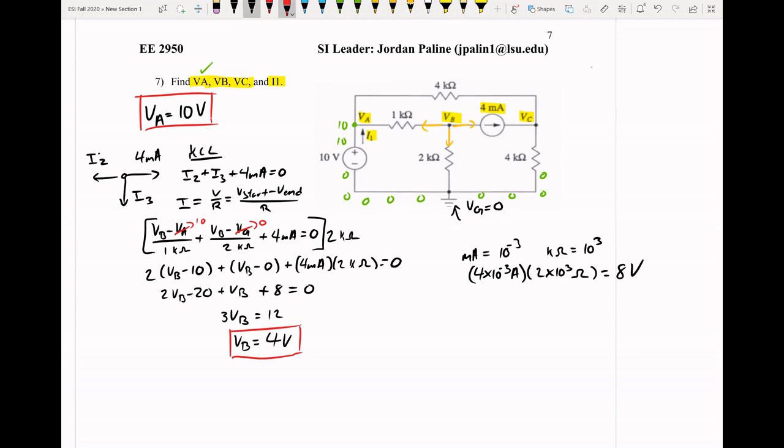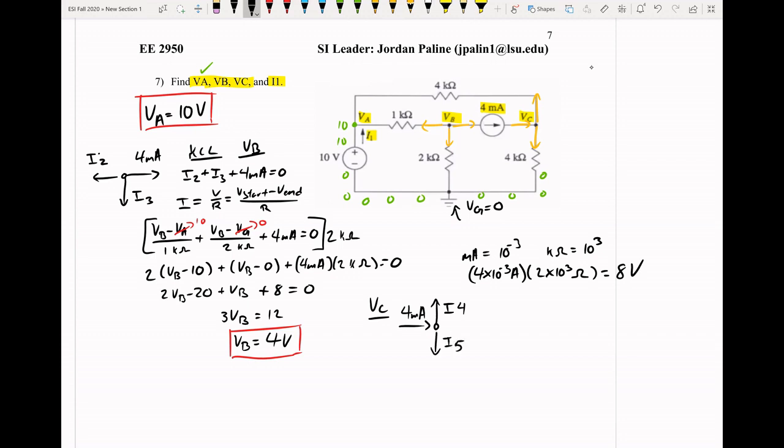Okay, and then same deal with V of C. We'll just say we have all of our currents. Now we do know this 4 milliamps is coming in. So if we draw that out, 4 milliamps coming in this way, I will call this one I4, and I'll call that one I5.